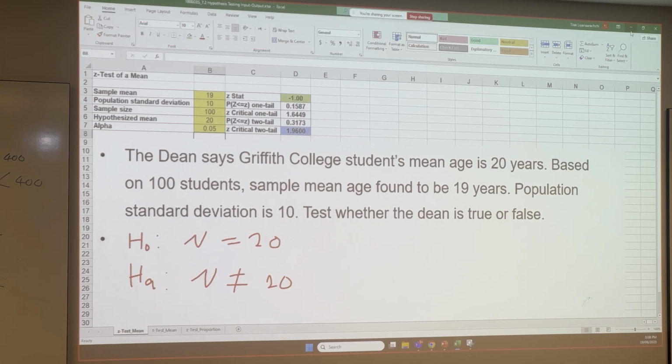But if you increase from 5% to 1%, this will expand, and now you actually don't reject. At 5% you might reject, but at 1% you might not. That is very difficult to make a decision, because it is very close.